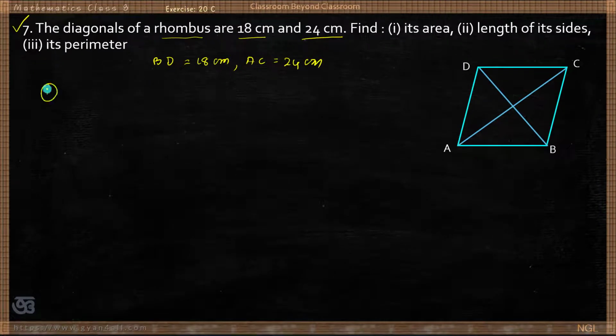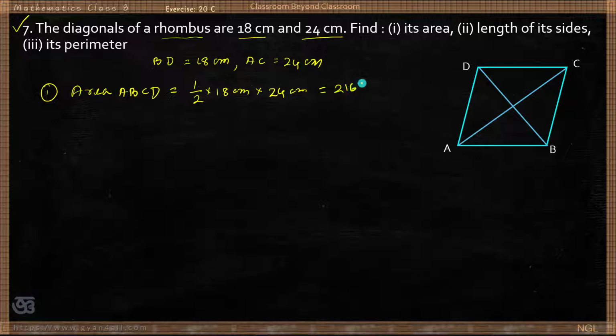So for number 1, area of the rhombus, so this is ABCD and this is equal to 216 centimeter square. Now number 2, we have to find the length of its sides.